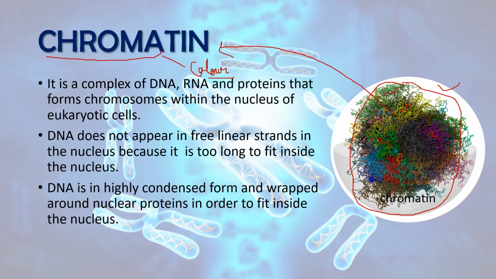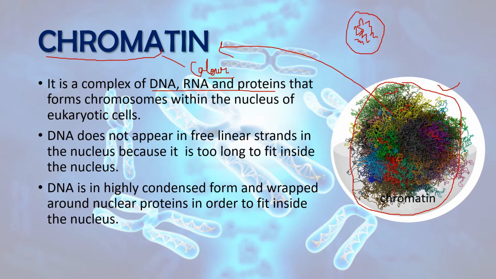These are basically complexes of DNA, RNA, and proteins. These chromatin structures become more thick and compact and form chromosomes during cell division. Suppose this is our nucleus and there are thread-like structures. These are chromatins.